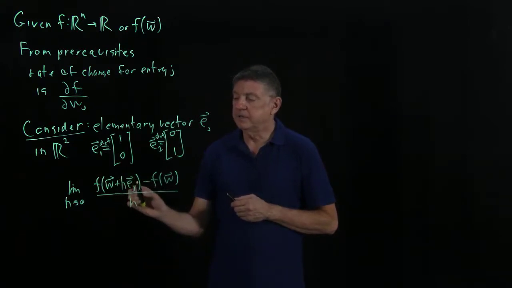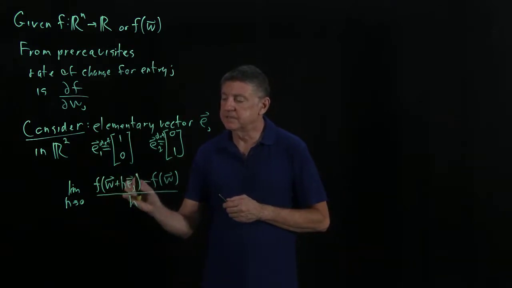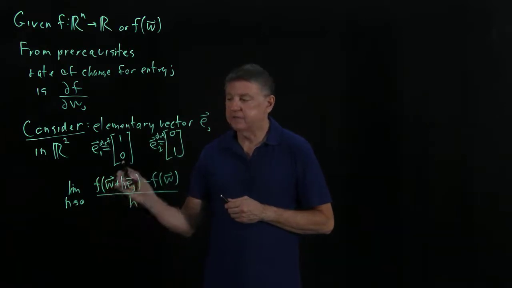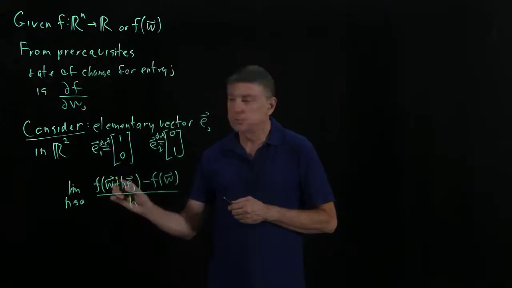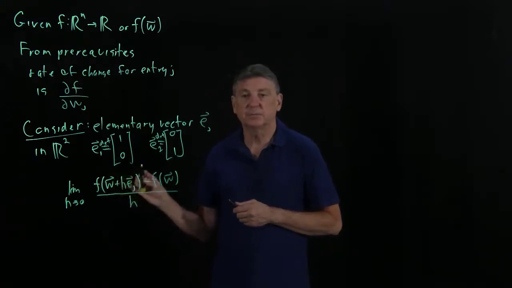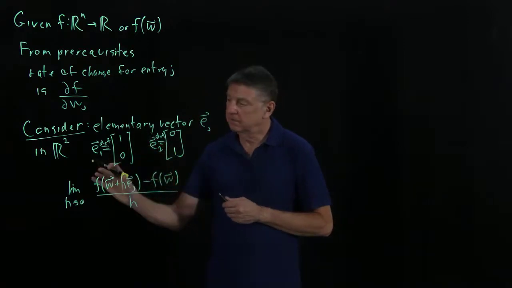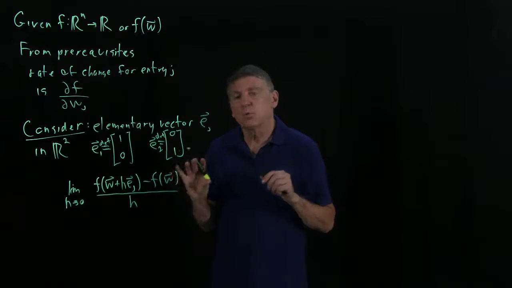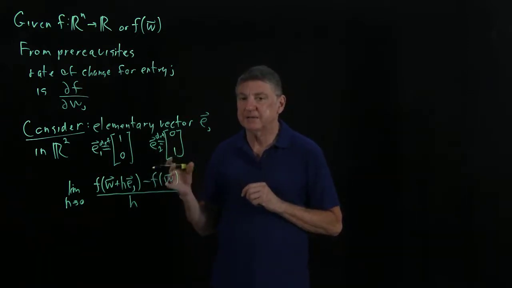Likewise, if we use elementary vector 2, then this will add 0 to the w1 entry. It will add h times 1, which is h, to the w2 entry, and that will give us the partial derivative of the function with respect to variable 2. Of course, what we're doing is slipping in between variables and vector entries.